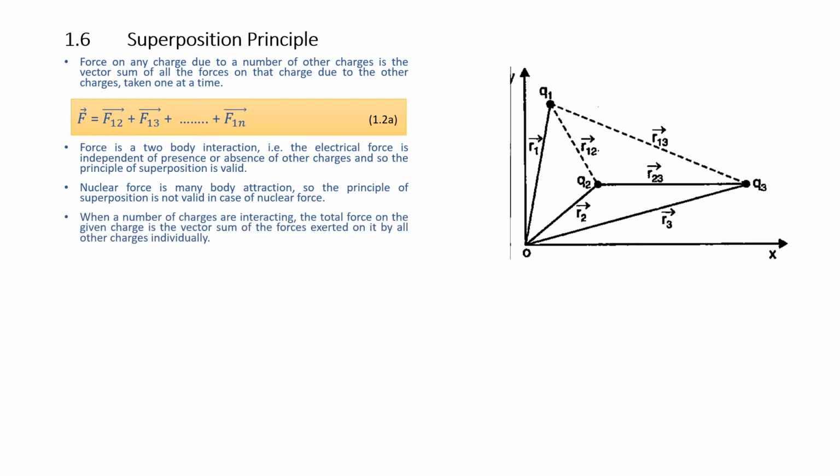When a number of charges are interacting, the total force on the given charge is the vector sum of forces exerted on it by all charges individually. So, when Q2 and Q3 are interacting, the total force on the given charge Q1 is the vector sum of forces exerted on it by Q2 and Q3.